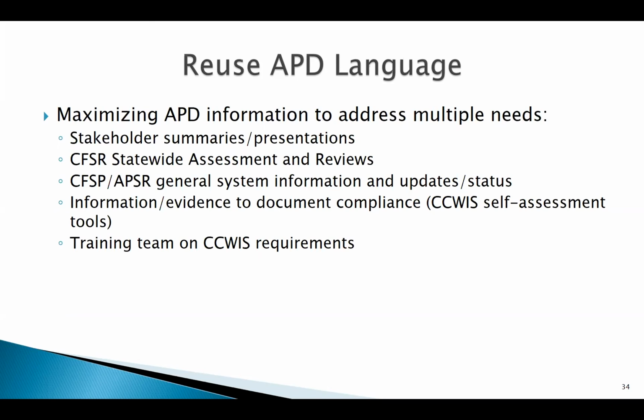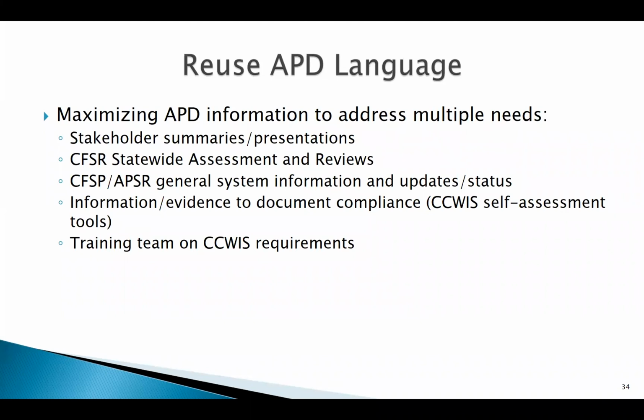So if you have regular summaries that you need to give your stakeholders, or maybe you do state user group meetings, if you format your APD updates around what you're planning on doing, and your language to describe your projects is easy to understand, you can just reuse that information. You don't have to recreate it. You can just copy paste.